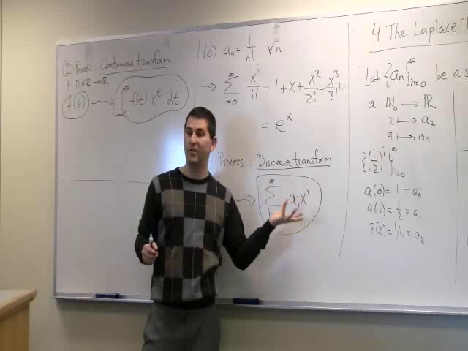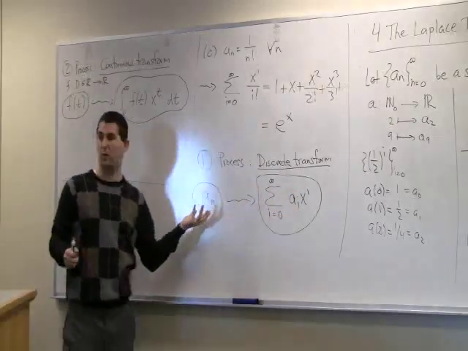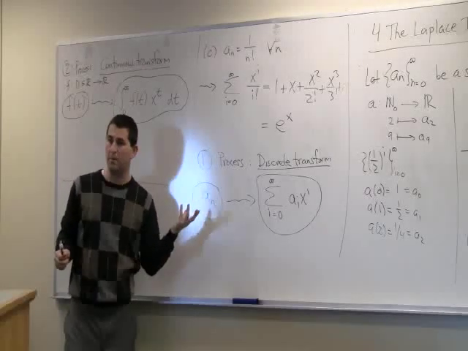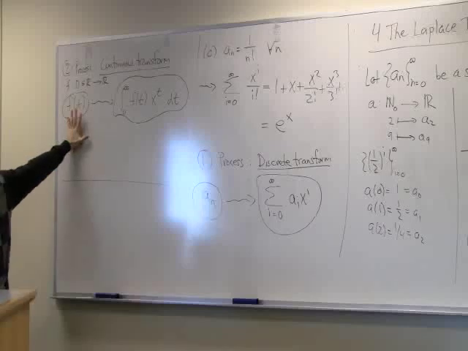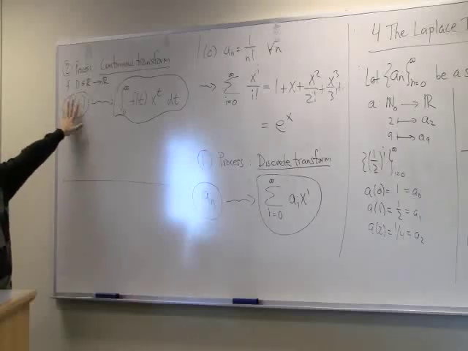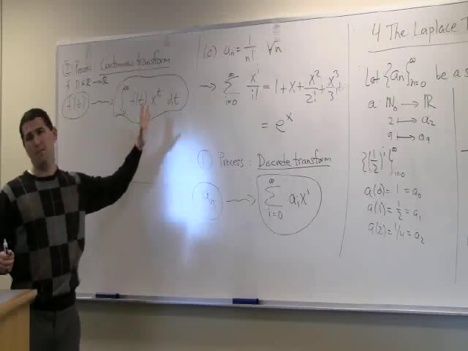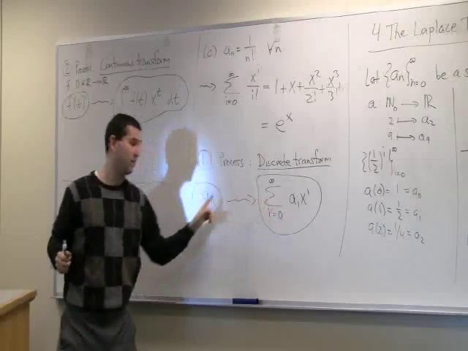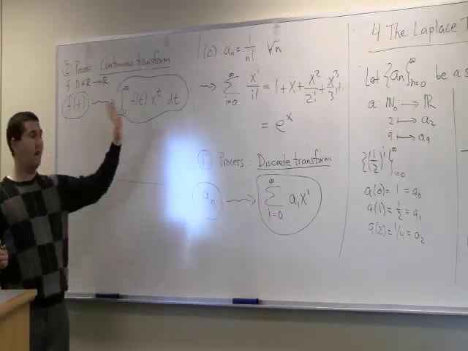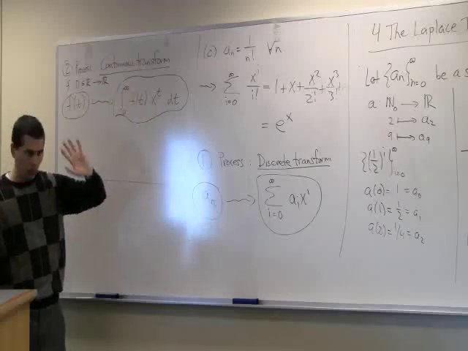You can use tools you know for power series to say something about the original sequence. We want to do the same thing here. We want to explore the original functions, or at least things that have to do with them, by exploring this transform. You might think this looks a lot worse, just as a power series looks a lot worse. But it will actually make a lot of problems much simpler. And that's why we want to do this.